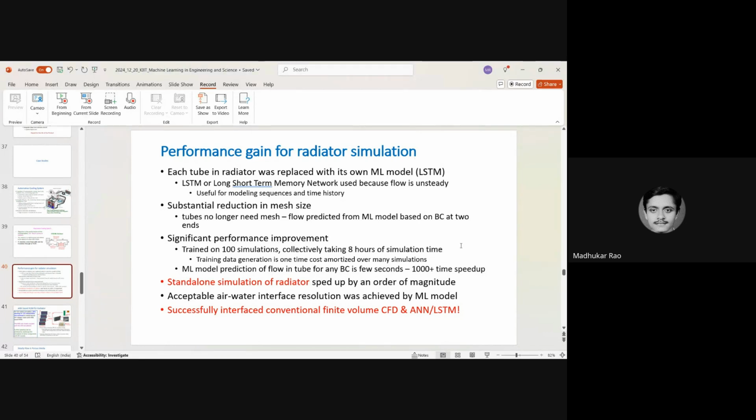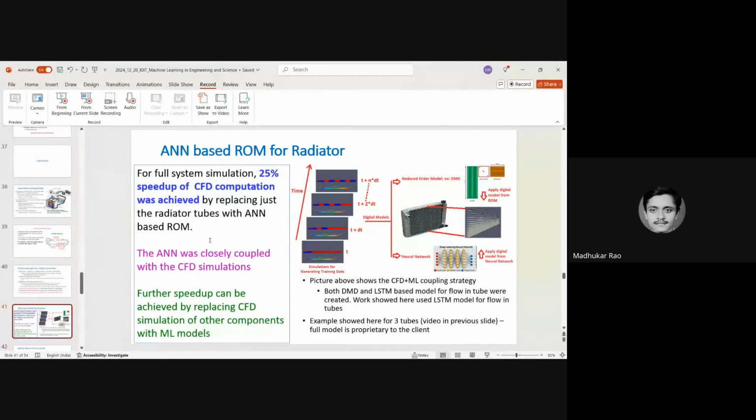Okay. And then we started replacing the other components, like the battery pack and the pump itself, with other machine learning models to get a substantial performance improvement. So wherever you have a repeating component, we could replace it with a machine learning model. And we took the machine learning model and connected it with the CFD code to get the actual speed up.